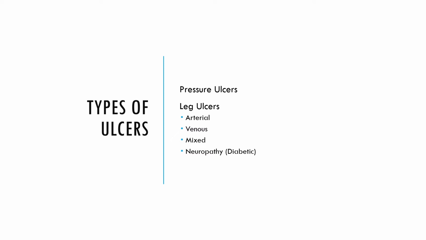Last is the diabetic or neuropathic ulcer. So diabetic ulcers are open wounds or sores usually found on the feet. Over time, high blood sugar levels in diabetic patients can damage nerves and blood vessels.